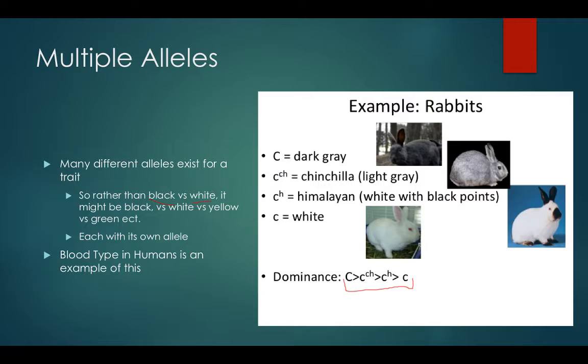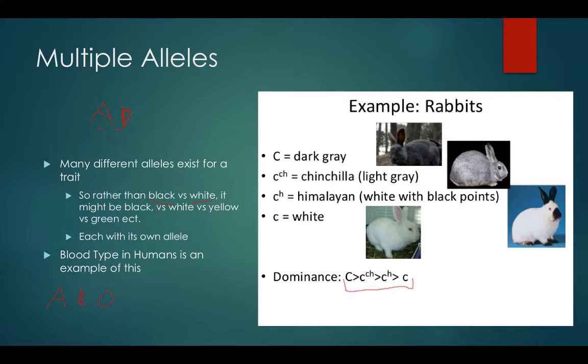Now, with humans, what you've probably heard is that we have three blood types. We have A, we have B, and we have O for human blood types. Well, if you have type AB blood, this means you have the A allele and the B allele.